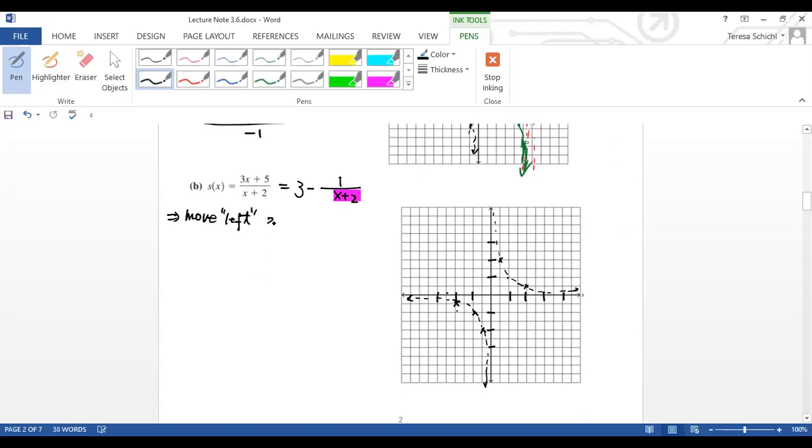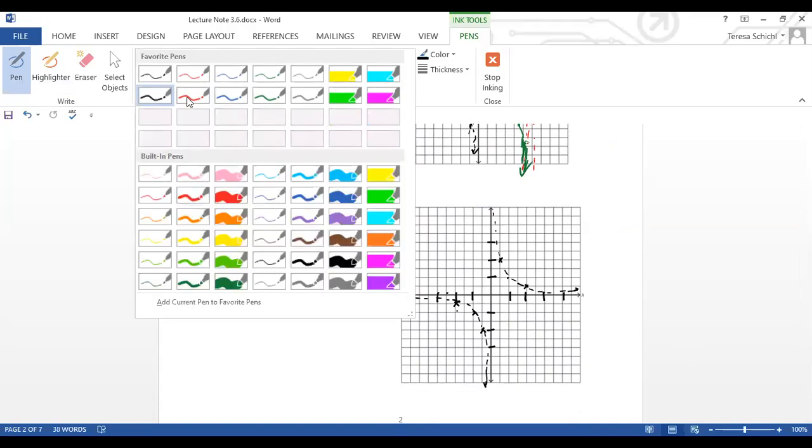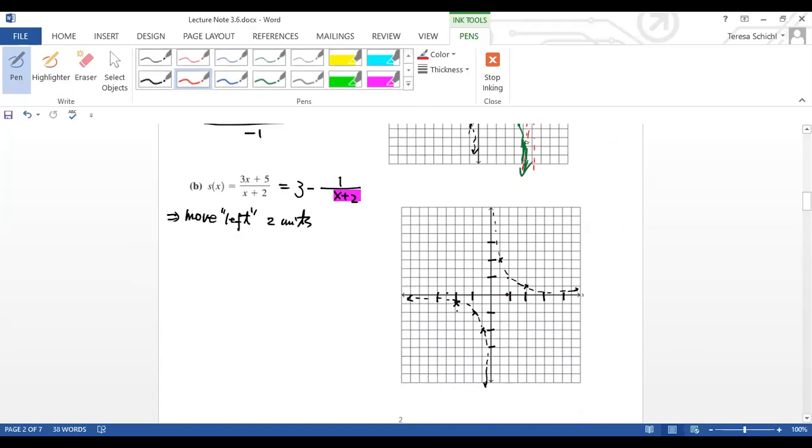How many units? 2 units, right? So you move to the left 2 units. Okay, so let's start here. First, 1 is going to move to 1, 2. This one is going to move to here. And then this one, 2 units, is going to move to where?